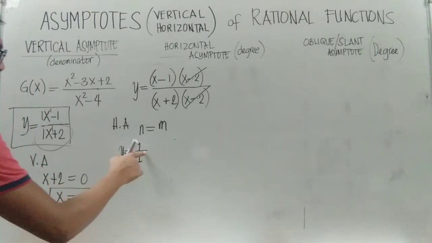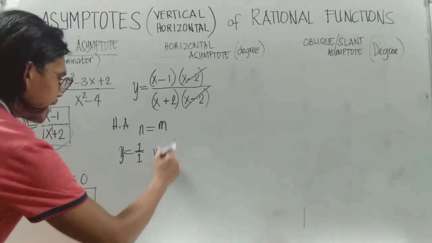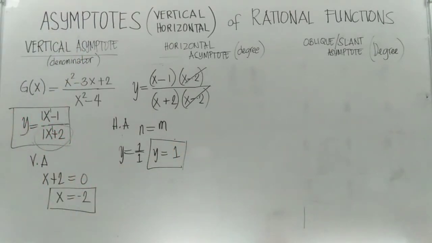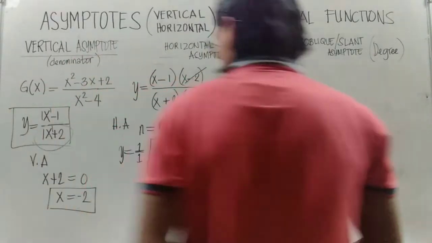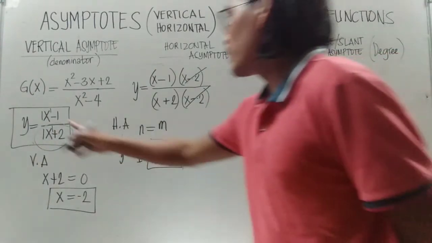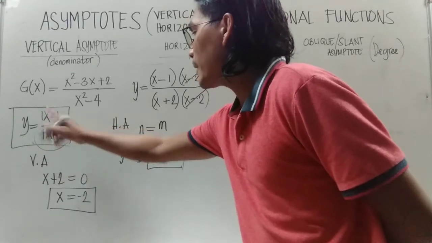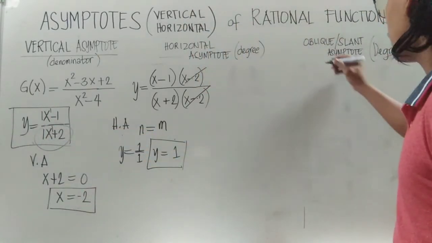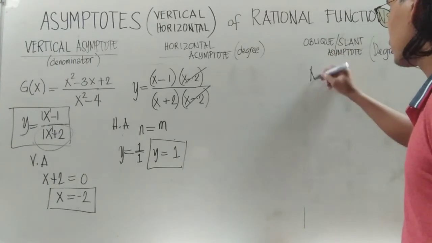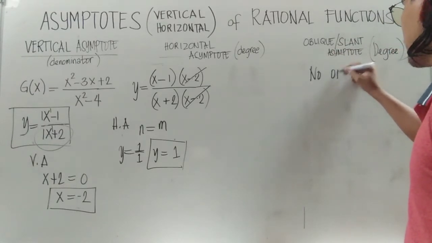So we have y equal to 1. Let's go to the oblique asymptote. Since the degrees are equal, we don't have an oblique asymptote. So no oblique asymptote.